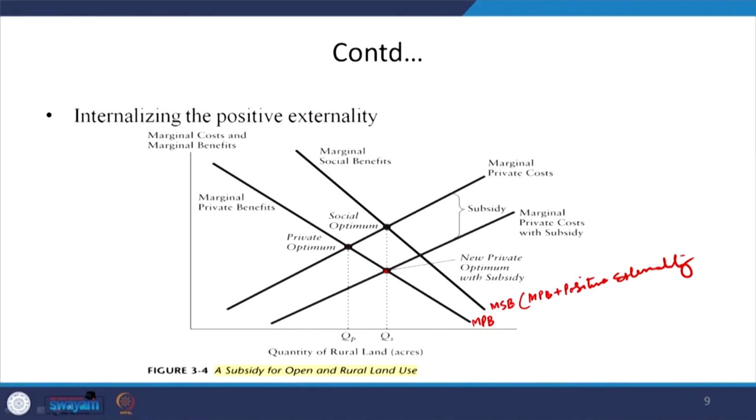The positive externality will shift the marginal private benefit to marginal social benefit, and it will go to this point, which shows a higher level of output. So now it will improve the welfare of the society by generating the positive externality.